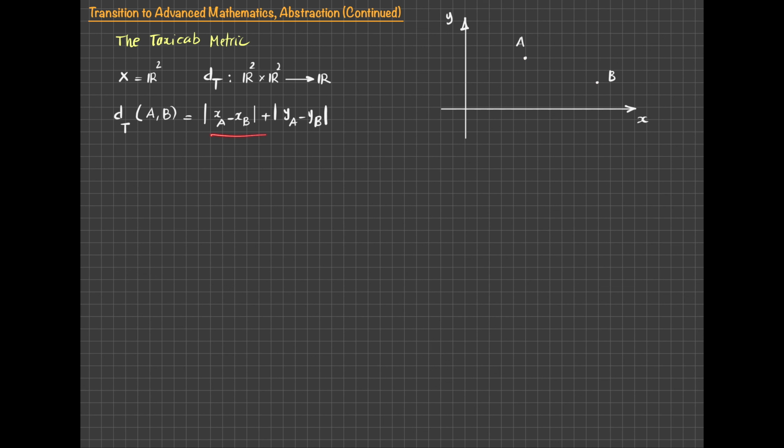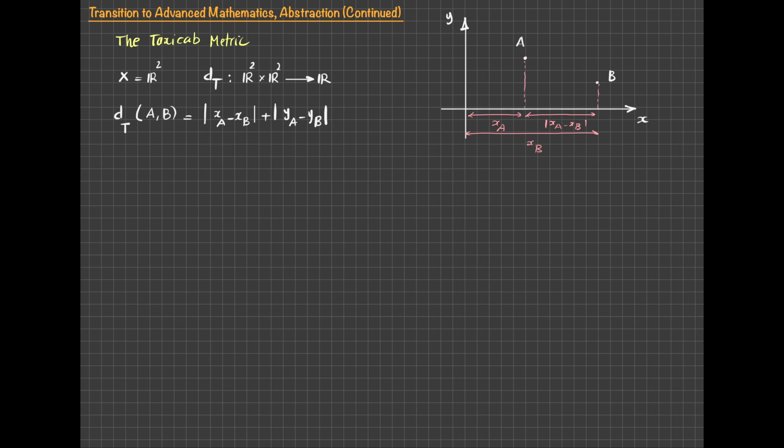So what is this really measuring? If I go vertically down from here to here, that is x of A, and if I go vertically down from here to here, that is x of B. So this distance is just the absolute value of x of A minus x of B. This is a measure of how far apart these 2 points are horizontally, and for the same reason, this measures how far these 2 points are vertically.